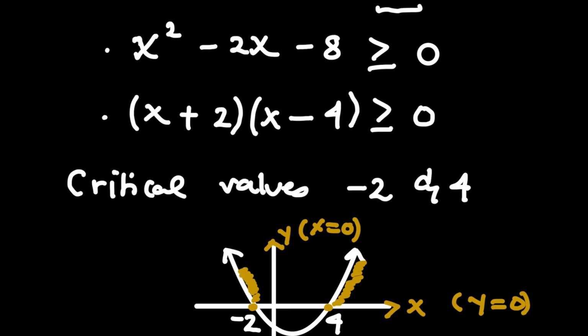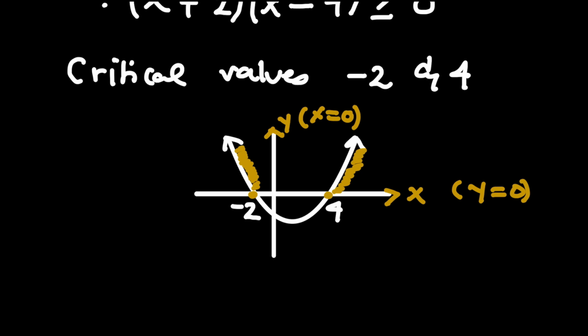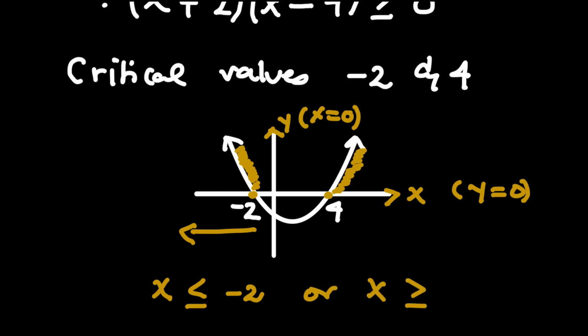On or above the x-axis. And how do we express that? It's when x is less or equal to negative 2, that is this portion, right? Or when x is greater or equal to 4, then that is this portion over here.